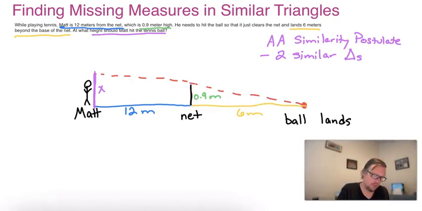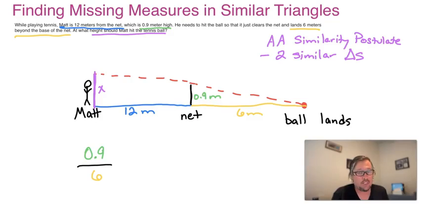So I'm going to do a ratio of the height of the smaller triangle, whoops, let's use more colors here, the height of the smaller triangle over the base of the smaller triangle.